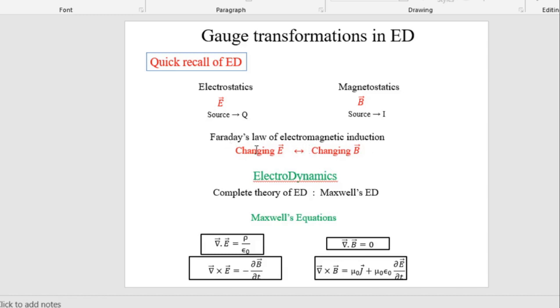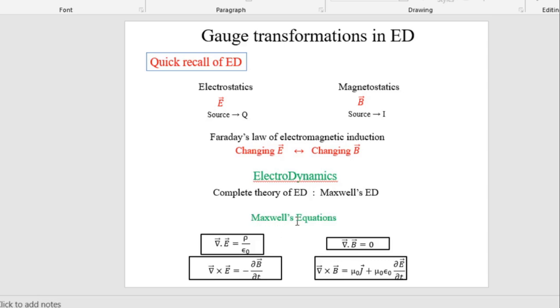So we have to study them under a single theory, and that is nothing but electrodynamics. Then we know that a complete theory of electrodynamics was developed by Maxwell, and it is commonly known as Maxwell's theory of electrodynamics.